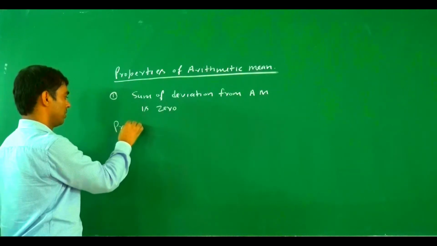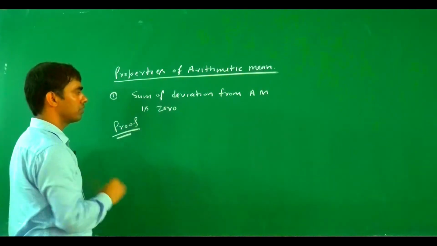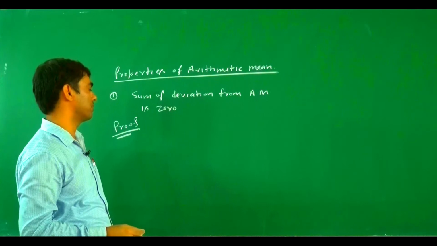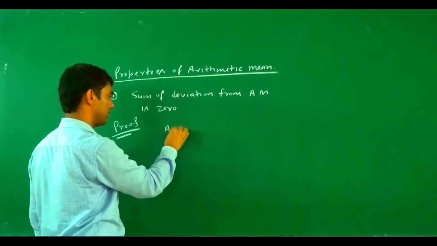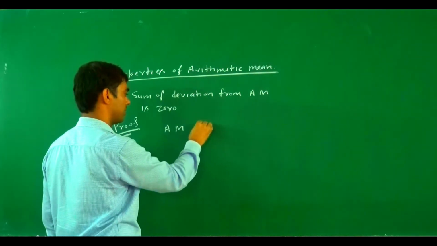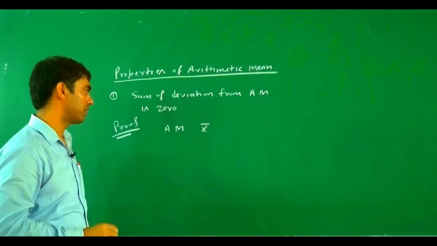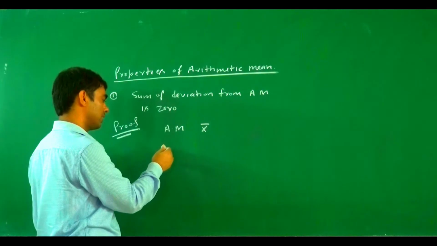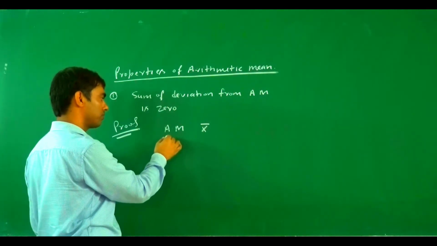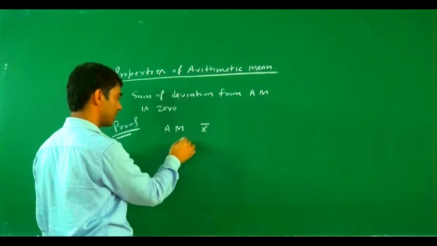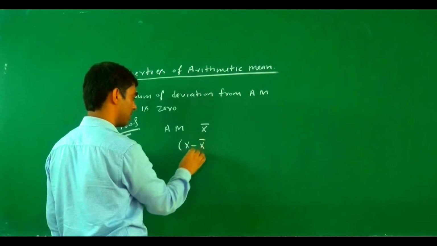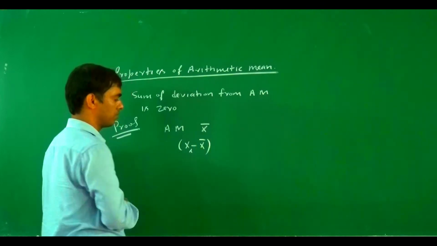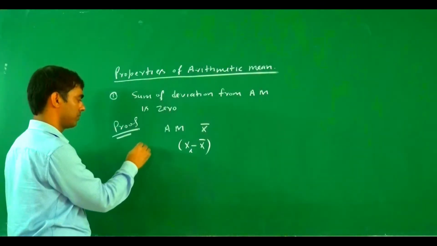Suppose the arithmetic mean is x bar. So the deviation from the arithmetic mean, suppose x is a data, is x minus x bar. So xi minus x bar is the deviation.